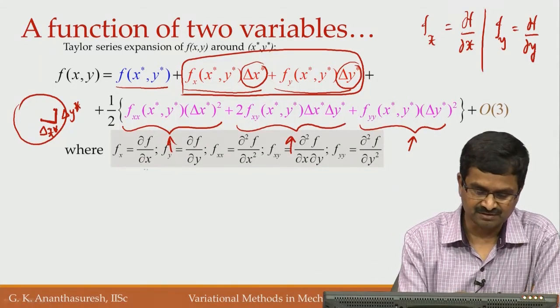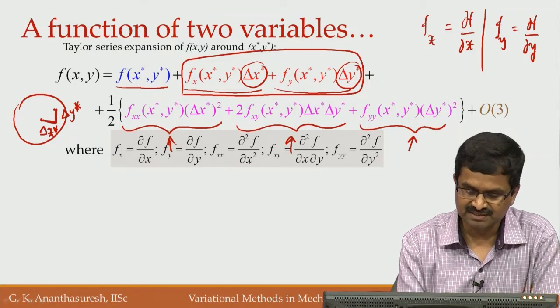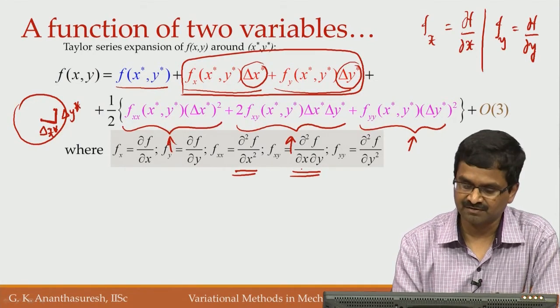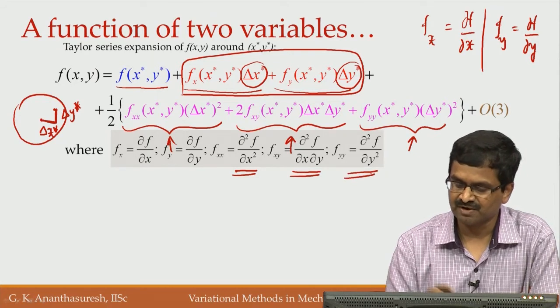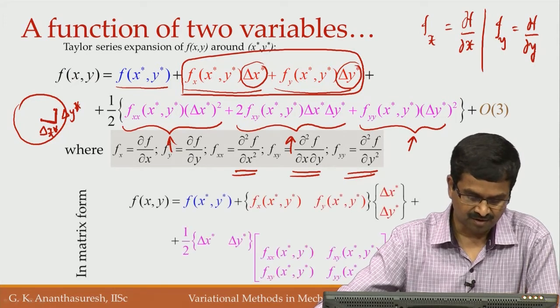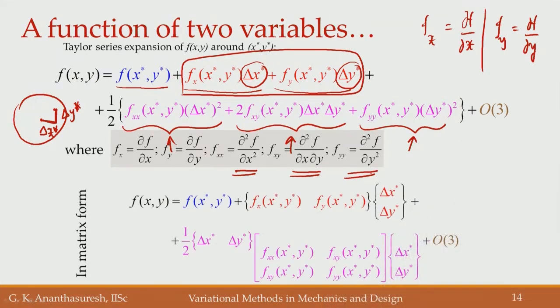All the notation: f x, f y, f x x is the second derivative with respect to x, f x y is the mixed derivative, second derivative dou square f by dou x dou y, and then f y y is dou square f by dou y square, which is how we have written. Now, we can write in the matrix form like this.